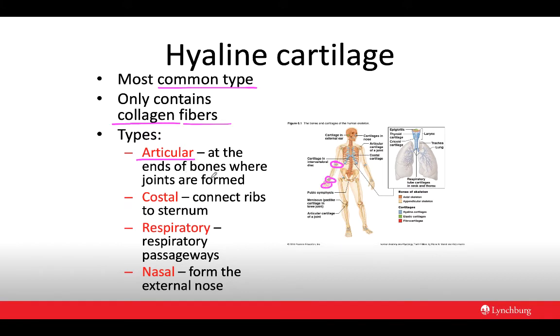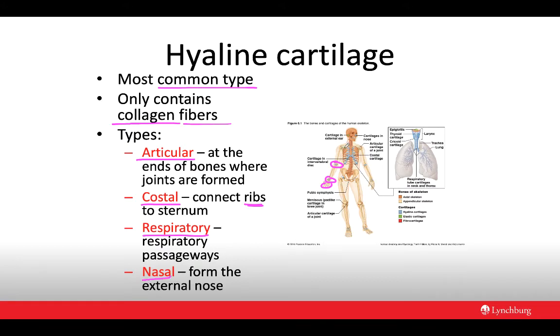Costal cartilage, anytime you see the word costal, it means ribs. So you're going to see costal cartilages where the ribs attach to the sternum. Respiratory cartilages line your respiratory tract, and what they do there is open your airway to maintain a patent airway so that we can let air flow in and out.